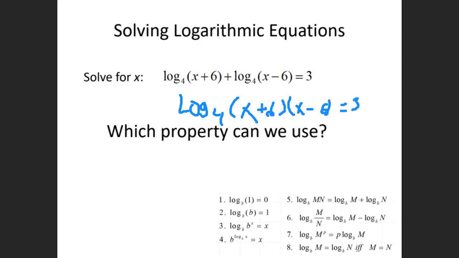And now when I have it in this format, again, I can convert this into an exponential form and solve for x. Yes? All right.